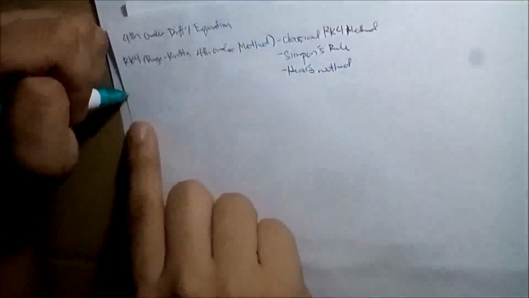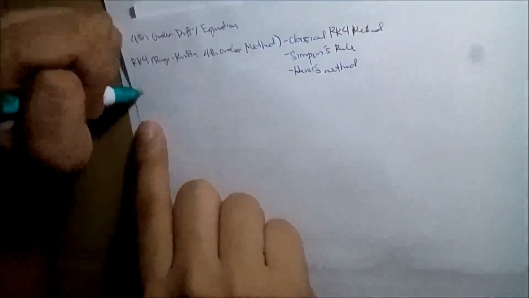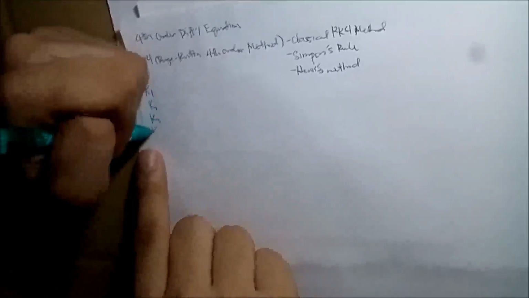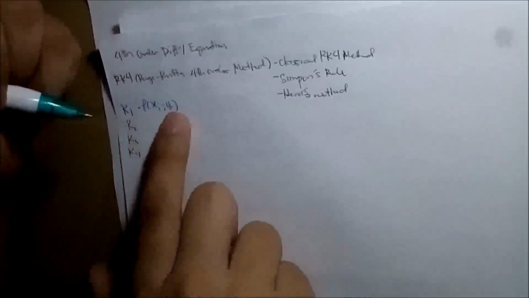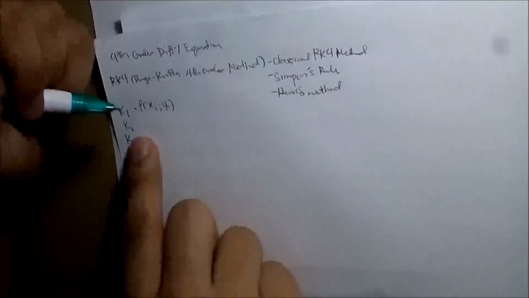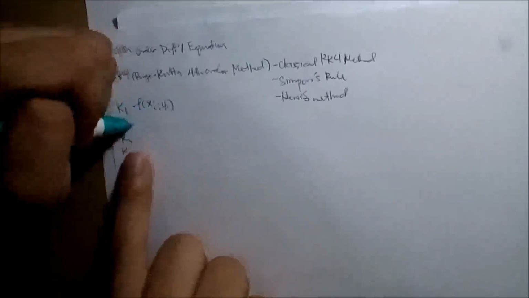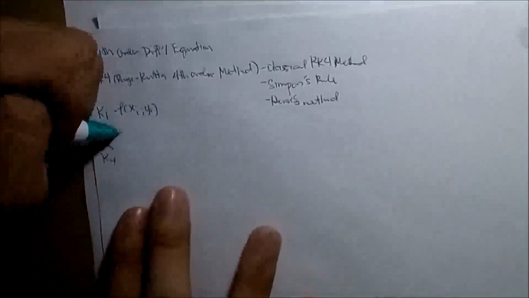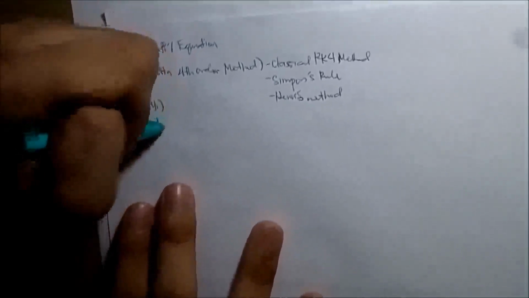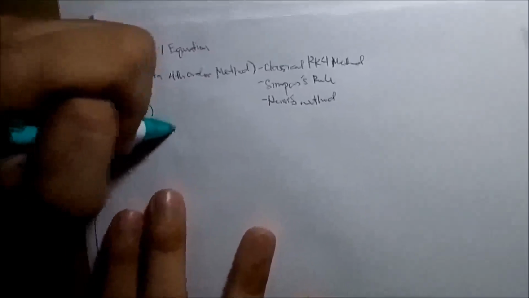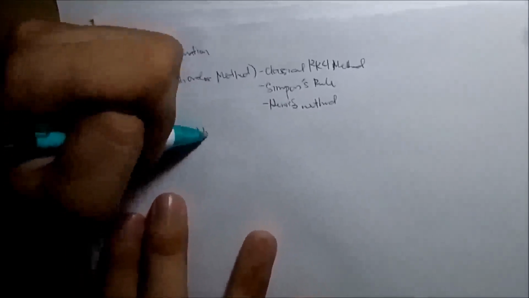The formula in RK4 is this: K1, K2, K3, K4. K4 because it is a fourth order differential equation. K1 is f of xi, yi, same as the second order differential equations. K2 is f of xi plus 1/2 h, yi plus 1/2 k1 h.